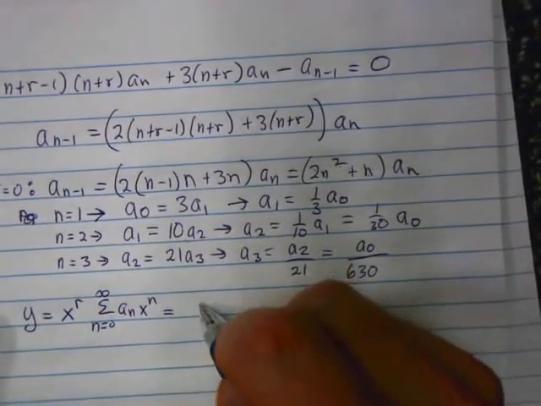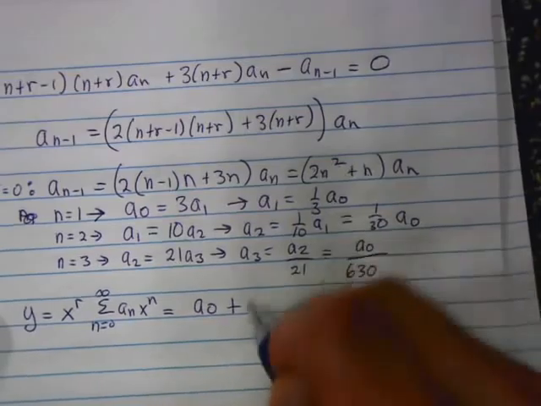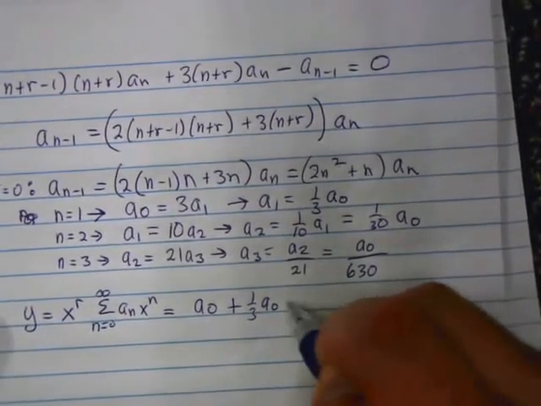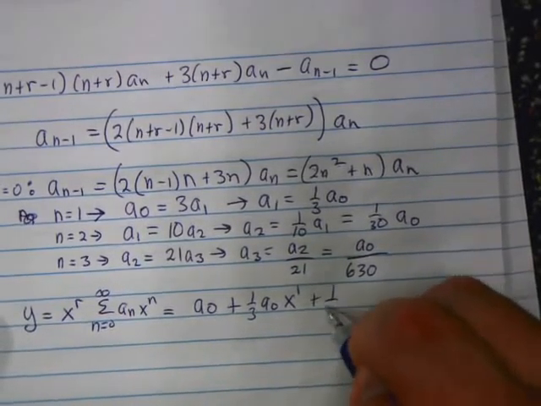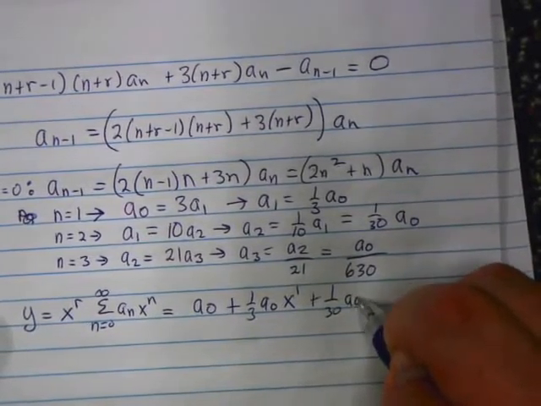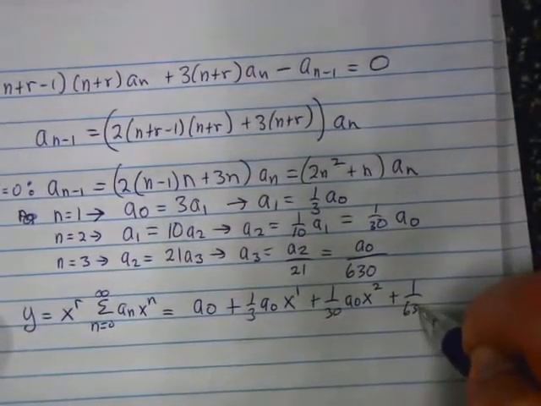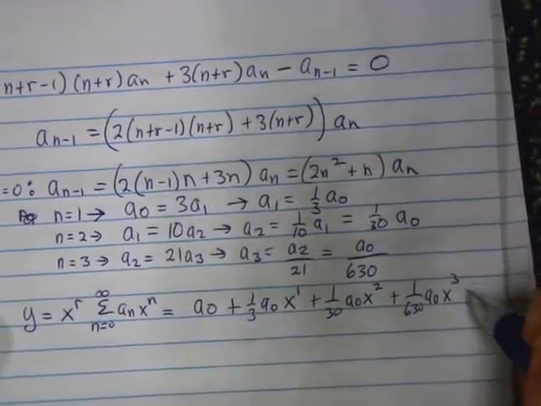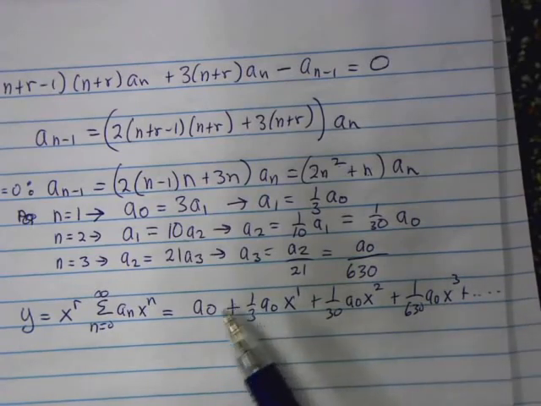So we're just going to have a0 plus a1 was 1/3 a0 x to the 1, and a2 was 1/30 a0 x squared plus 1/630 a0 x cubed plus ... And if somebody wants to plug in more numbers and get more fractions, they're welcome to do so. I think having 4 terms of the power series is plenty.